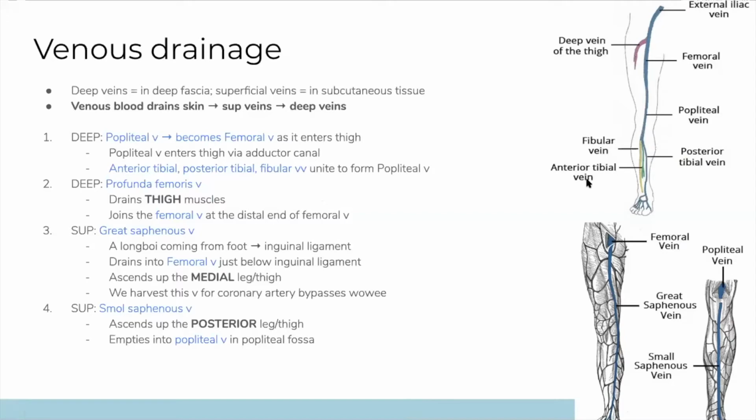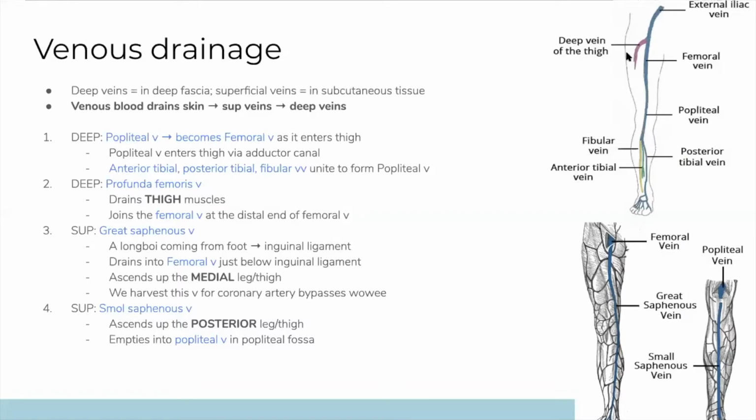So in the thigh and leg, lower limb, we have two main deep veins and two main superficial veins. The deep vein over here is the femoral vein, which becomes a popliteal vein, and it drains into the external iliac. Basically, the exact same thing as arterial supply.